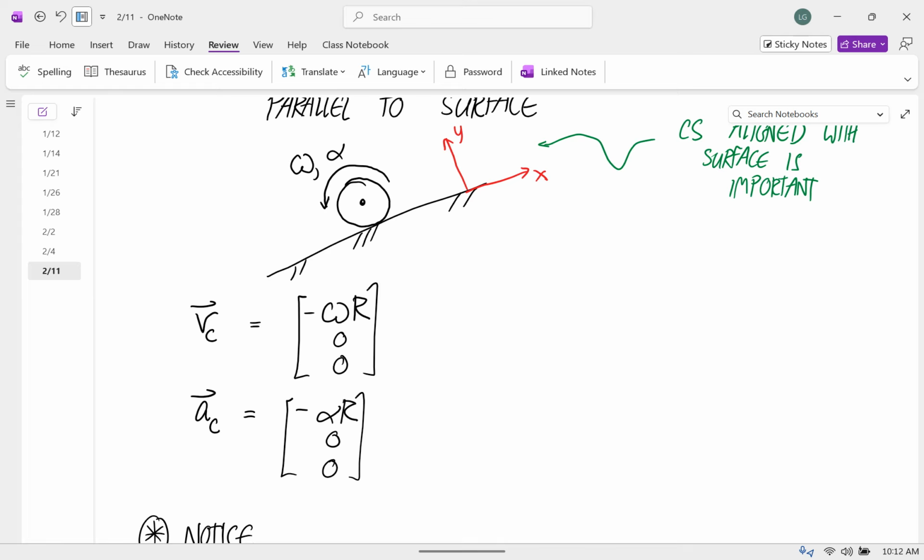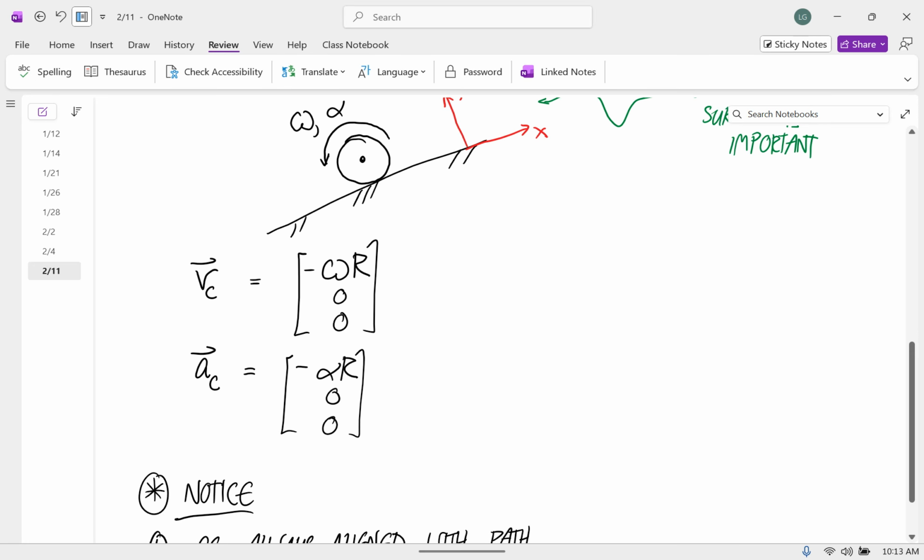The first one is counterclockwise is positive for the rotational stuff. And the second one is this coordinate system. Oh, so you apply the coordinate system for the values when you're going to the like BC and AC? So yeah, you'd apply counterclockwise positive to get your omega and alpha. And the result would be that these vectors are translational velocities and accelerations of the center in that red coordinate system. Okay.